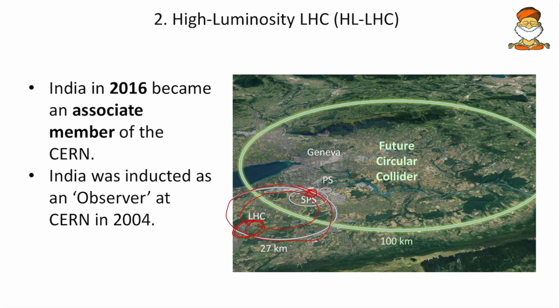Now what other subatomic particles are being emitted will be checked here. So this was the LHC. Now we are going for this High Luminosity LHC. Here the path where the subatomic particles go is larger, as the circumference is much bigger, and hence the collision will be more forceful and more subatomic particles can be emitted.